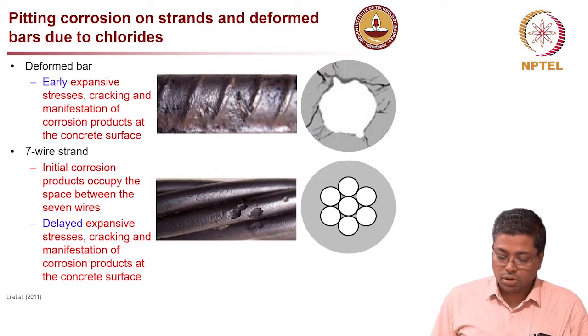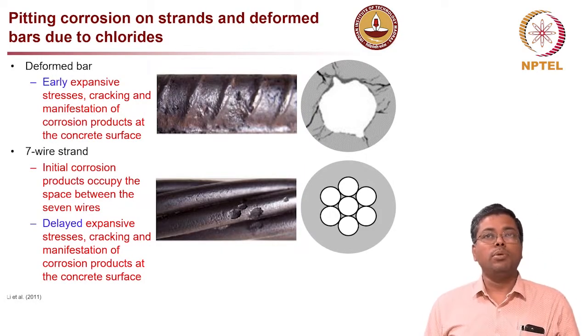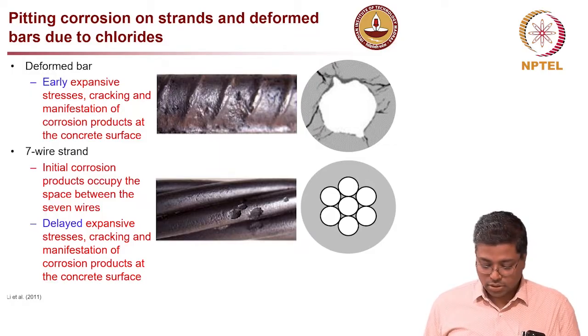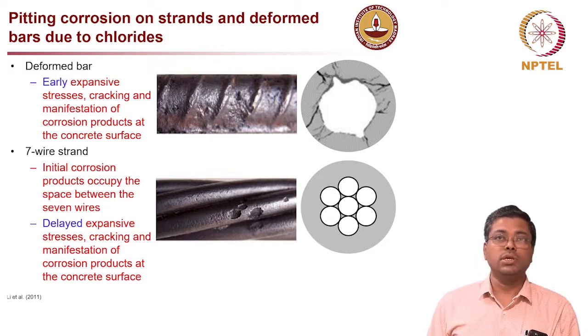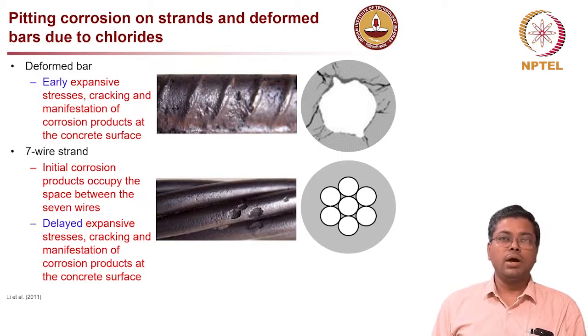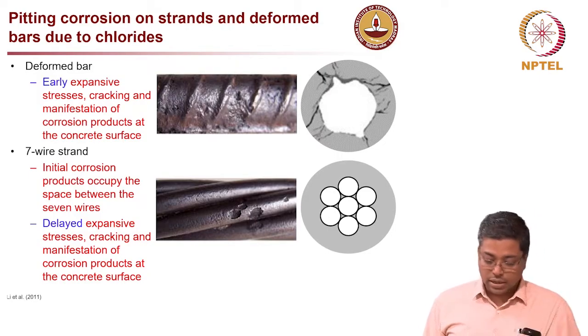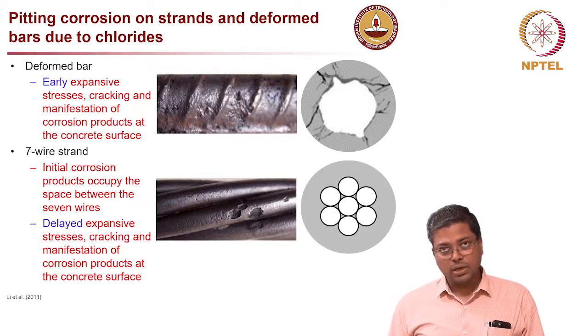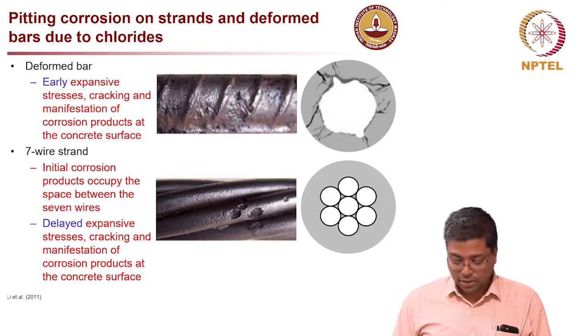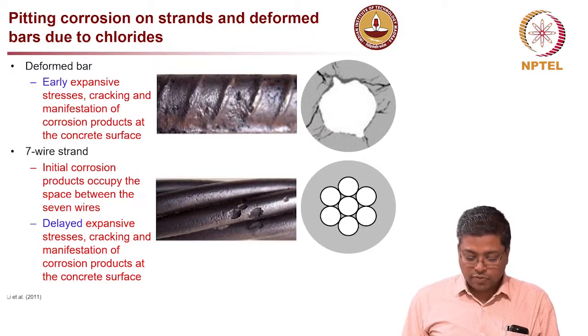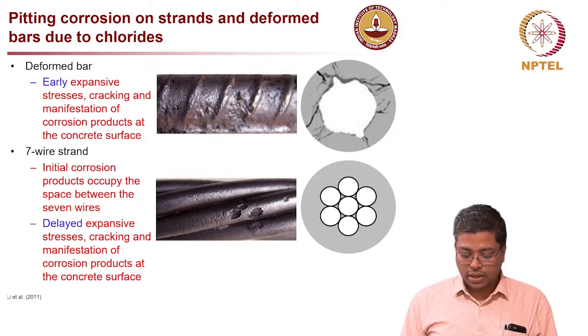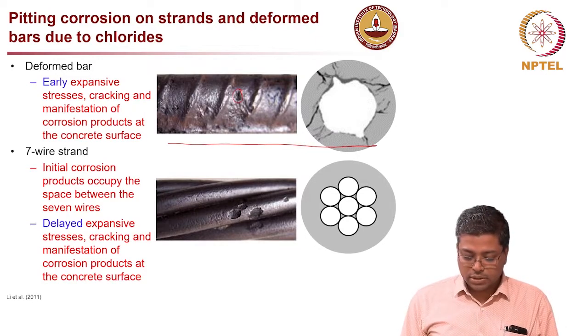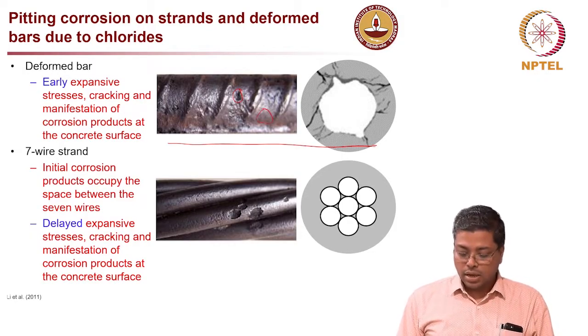The pitting corrosion on strands and deformed bars is a little different, especially the corrosion cracking patterns. For example, in the case of a conventional deformed bar, you can see some pits here and there, but there are also regions which are not pitted much.